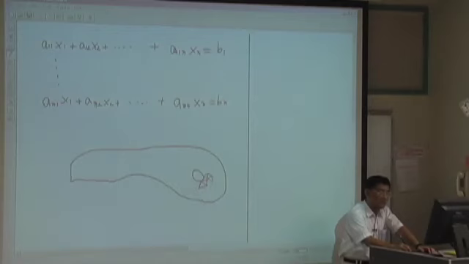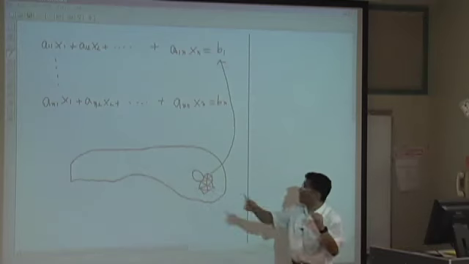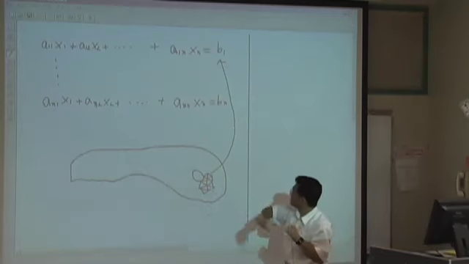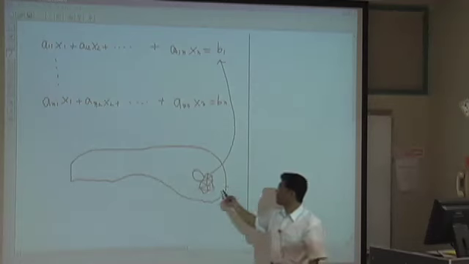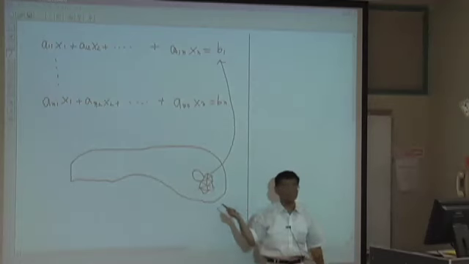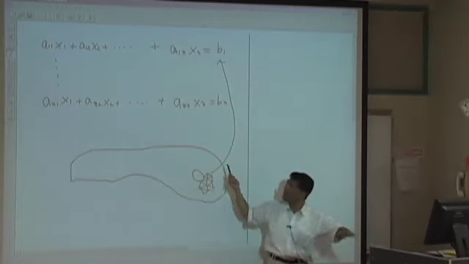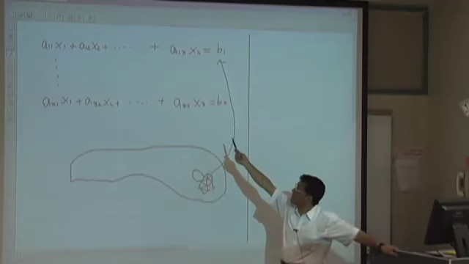Then each individual triangle has different equations, so we may have one equation and another equation and so on. That means we have many, many equations in this kind of system. So knowing the method of handling this is very, very important.